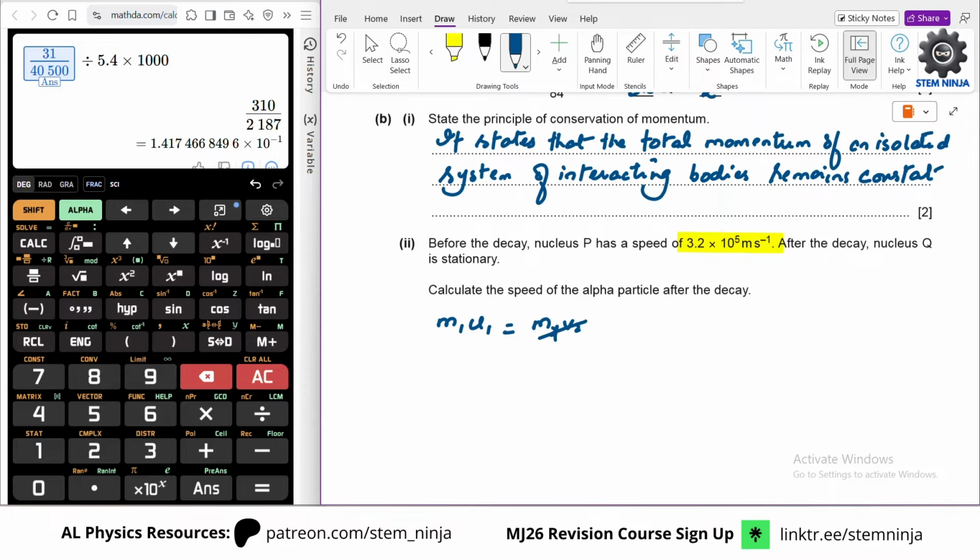No, sorry, m1 u1 equals m2 v2 plus m3 v3. Now masses are all in atomic mass unit, but we might not need that because masses are all in atomic mass unit.